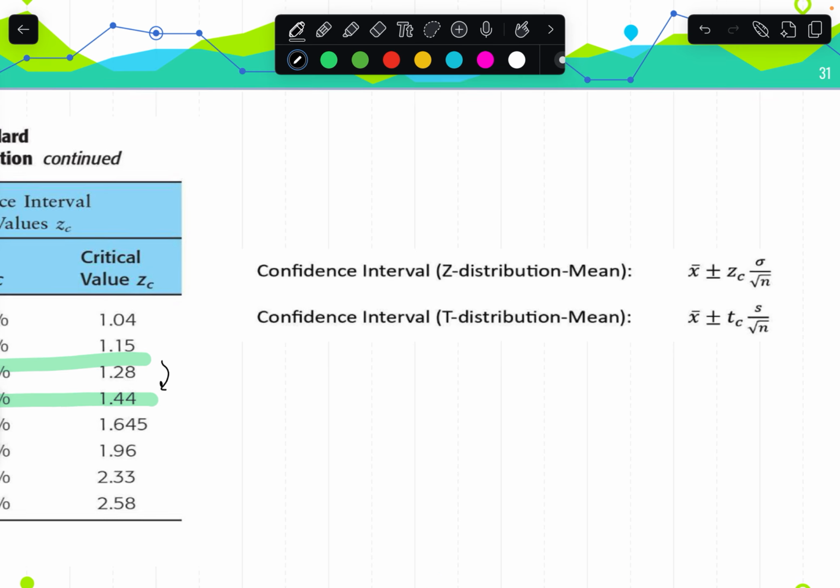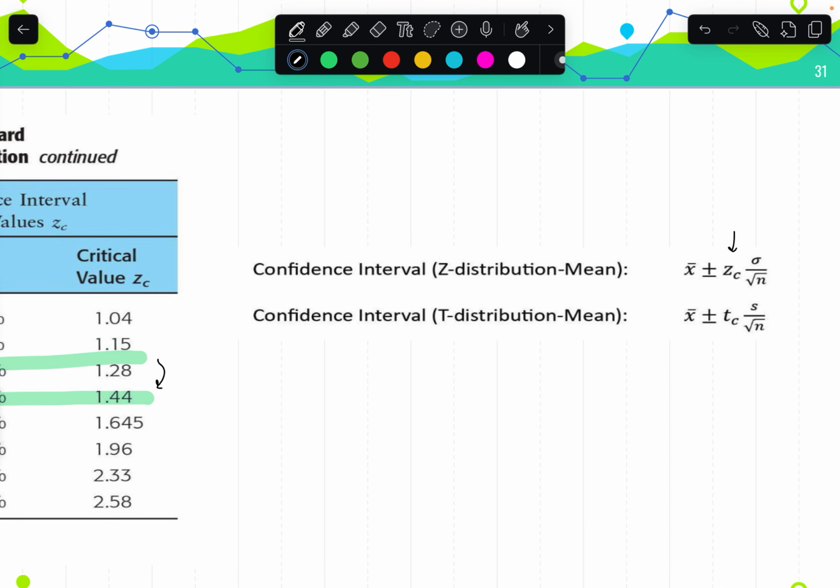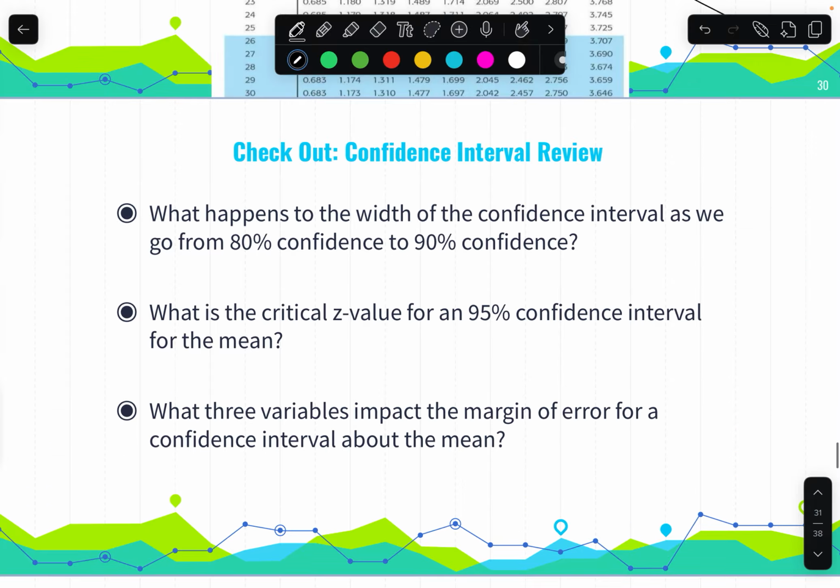Okay, if we're increasing our critical value, we're increasing the margin of error, or the second part of the term for the confidence interval. When we're increasing that margin of error, we're adding and subtracting more and more from the population mean. This means that we're going to make the width wider.